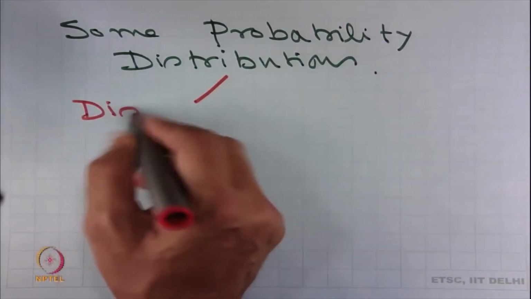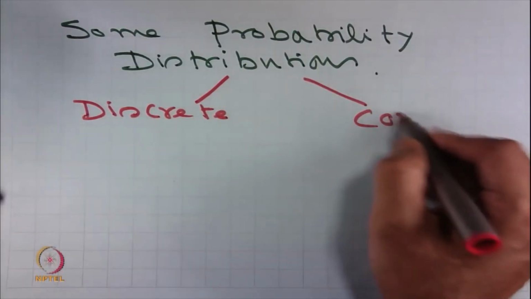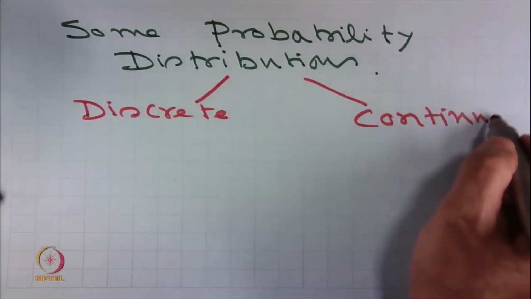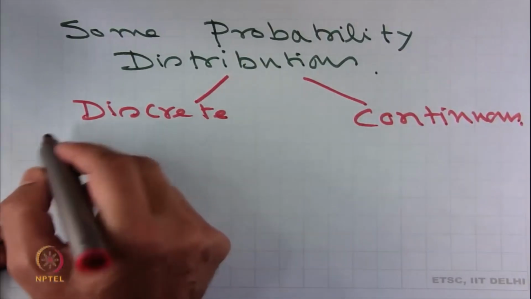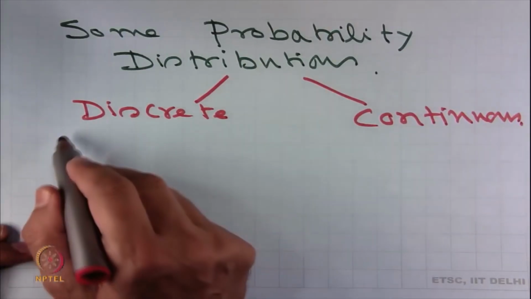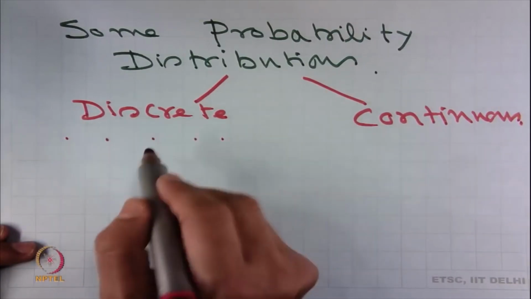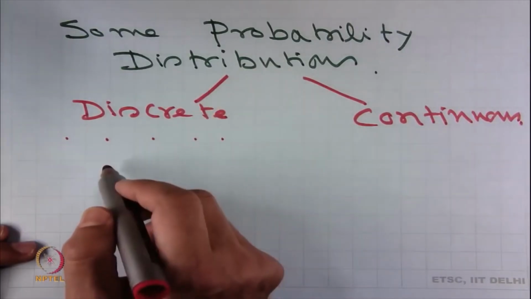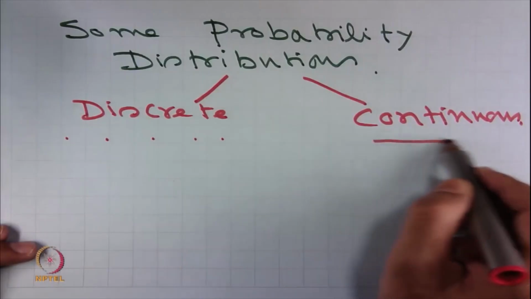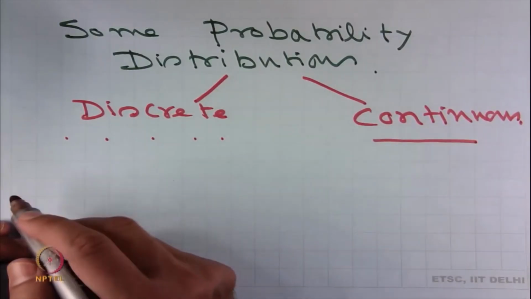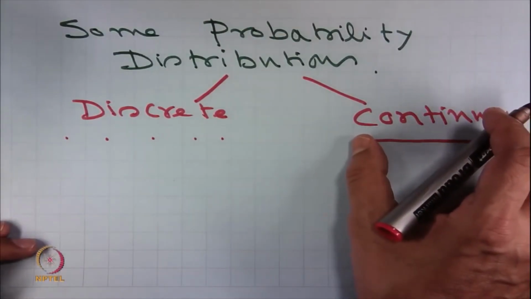Primarily, there can be mixed also, but I am not considering that: discrete and continuous. When the random variable takes discrete values, then we call it a discrete random variable and the corresponding distribution is a discrete probability distribution. Otherwise, if it is a continuous range along the real line, then we call it a continuous random variable.